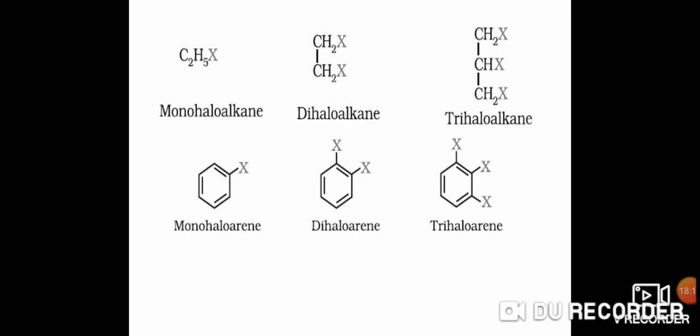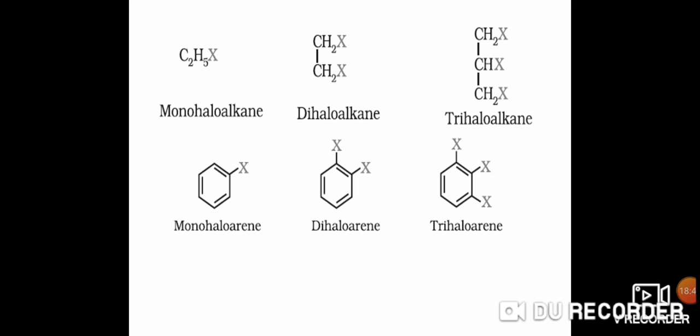And then the example CHX, CH2X. So here three hydrogen atoms are replaced by three halogens. It is the molecule propane. A three carbon containing compound is propane.